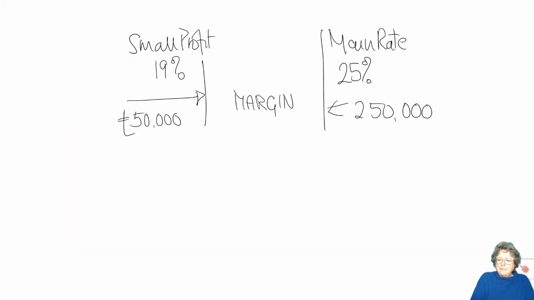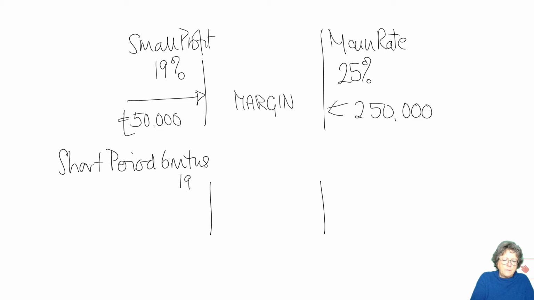So, what happens if we have a short period of, say, 6 months? Same situation, 19%, 25%, that doesn't change. However, this 50,000 is then proportioned, which obviously now becomes 25,000.